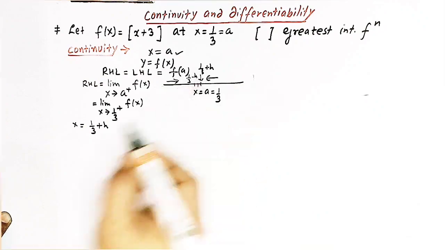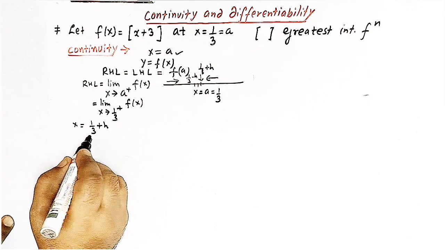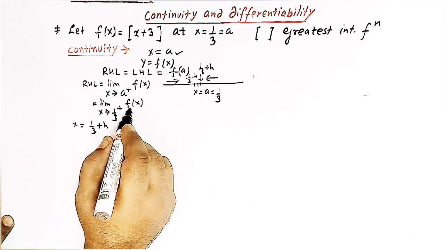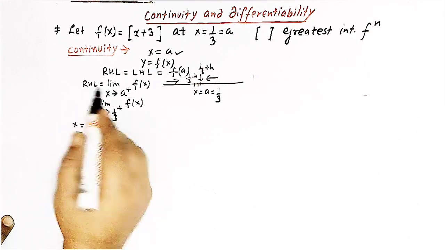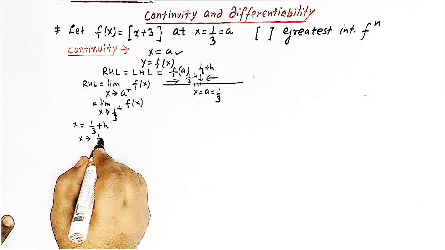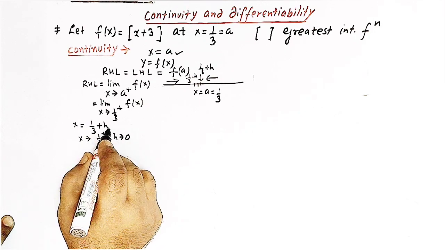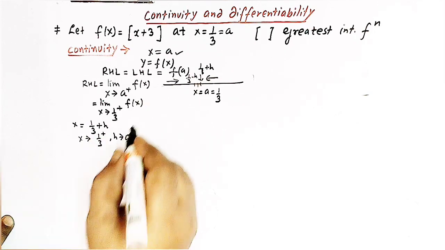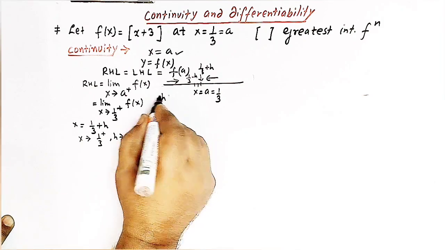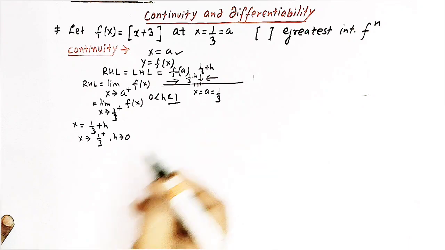3 minus h, right? So we take x is equal to 1 over 3 plus h for calculating the right hand limit, and here when x tends to 1 over 3, then h tends to 0, and remember h is a positive quantity, and it lies between 0 and 1, right?